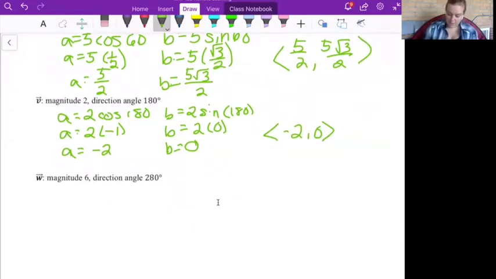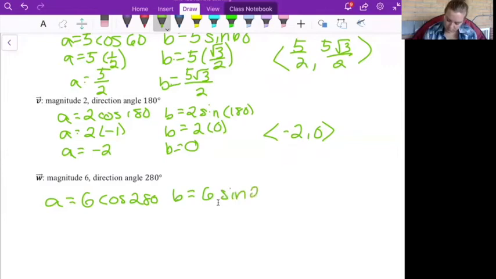And then our magnitude, and then for W, we have that our horizontal component would be 6 cosine of 280. Our vertical component would be 6 sine of 280. Now, do we know what the sine or cosine of 280 is from our unit circle?